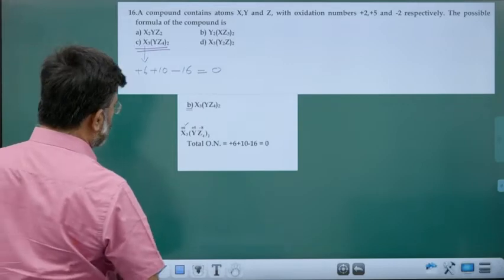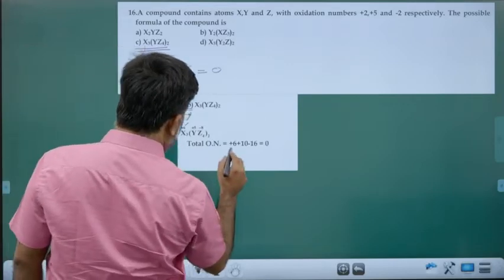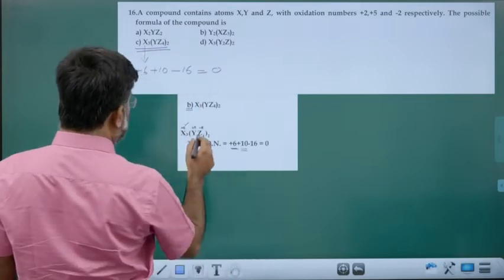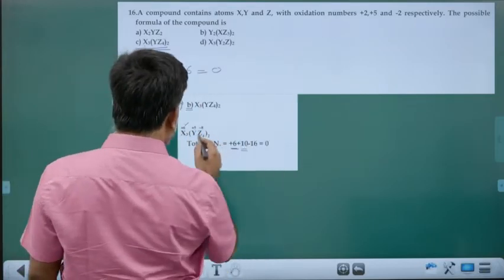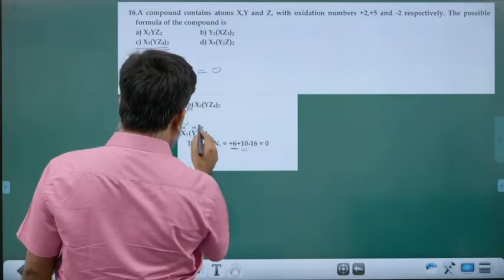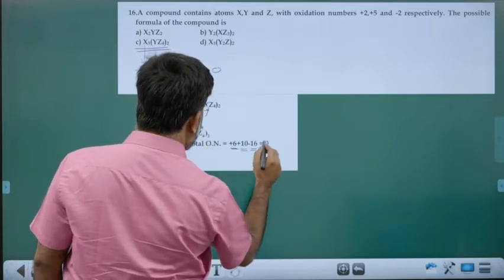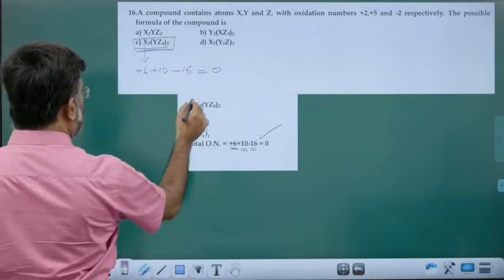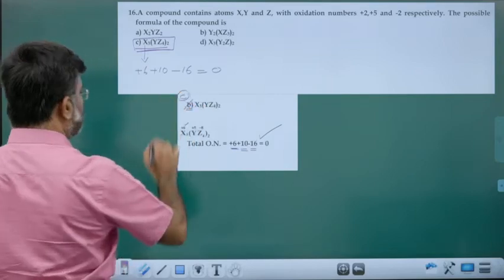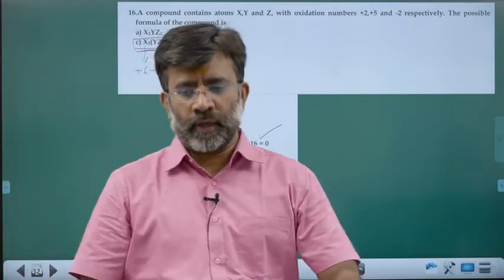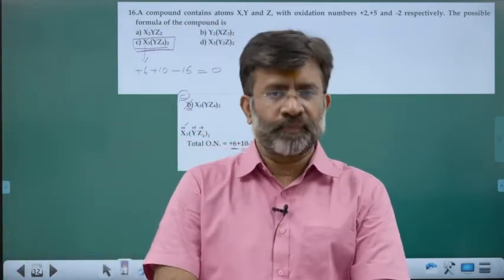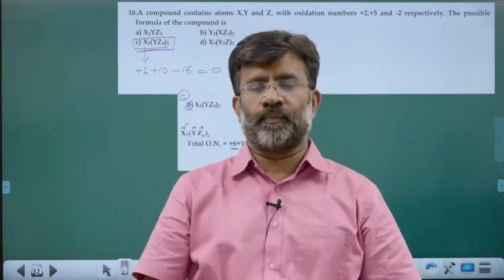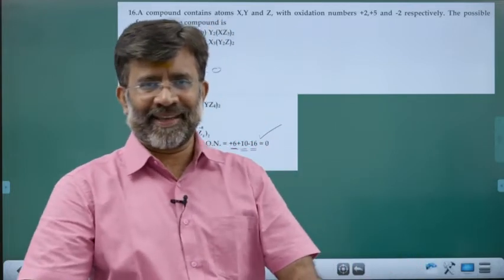You will get 0 and the correct answer is option C, not option B. So examine in which case the values added give 0. That's all. Okay. Next.